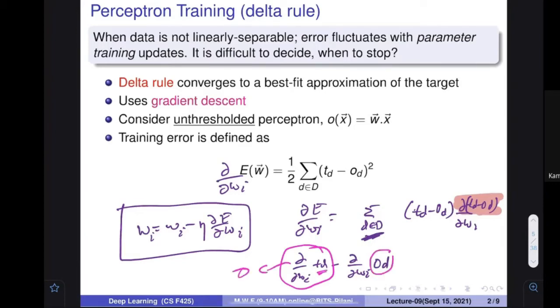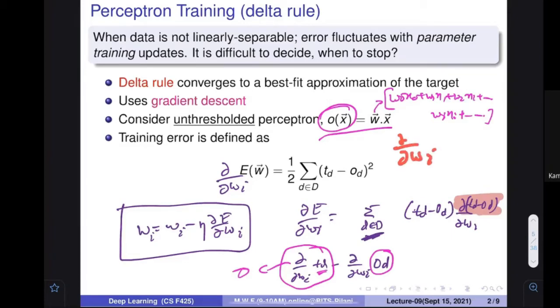What about this Od? You know that the output is computed by this particular formula: W0 x0 plus W1 x1 plus W2 x2 and so on, plus Wi xi, plus so on. All the terms are there. If you differentiate something that has so many terms, what is going to happen? Let's assume that I am going to find the derivative with respect to Wi, so it is a partial derivative.